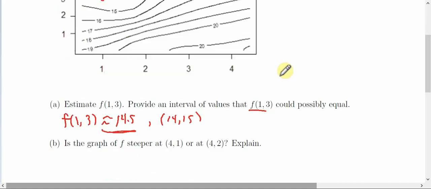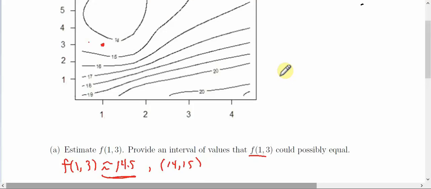And then it asks, is the graph steeper at 4.1 or 4.2? 4.1 is about right there. Maybe that's a little high, and then 4.2 would be about right in this area here. Based on this, you can see it's level 20 and back at level 20 on both sides of this one, which says maybe it went up a little or maybe it went down a little, but it's not changing a lot, because we would have hit 19 if it were changing, or we'd hit 21 if it had gone up quickly.